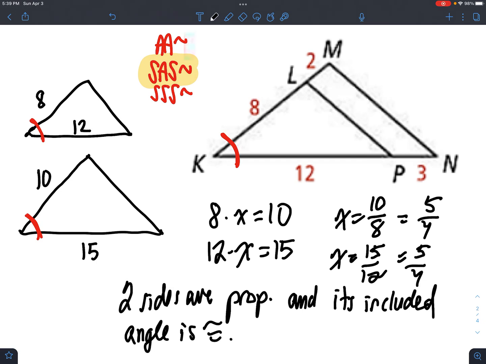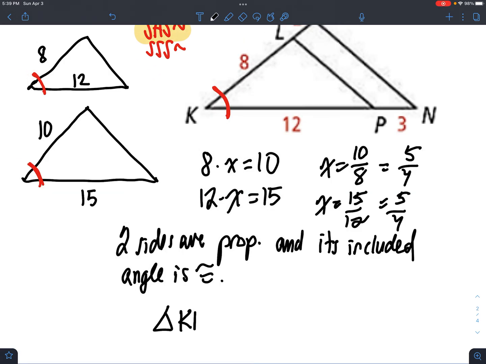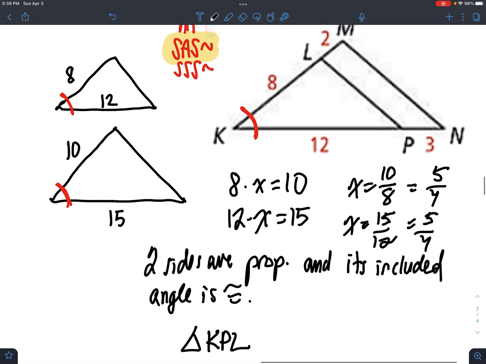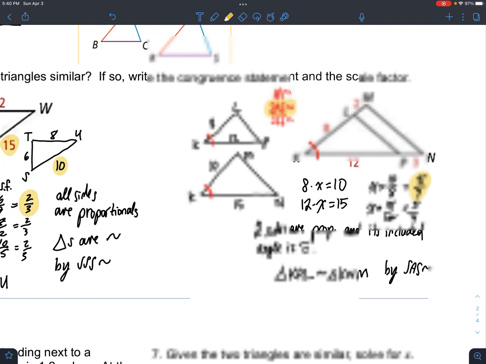So we truly do have SAS similarity. We don't have equal sides. They're only proportional. So we know that KPL and KNM are similar by SAS similarity. And this is the scale factor.